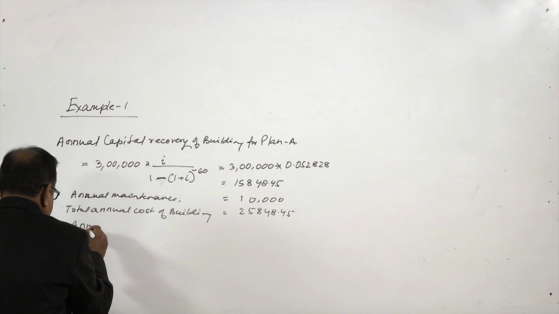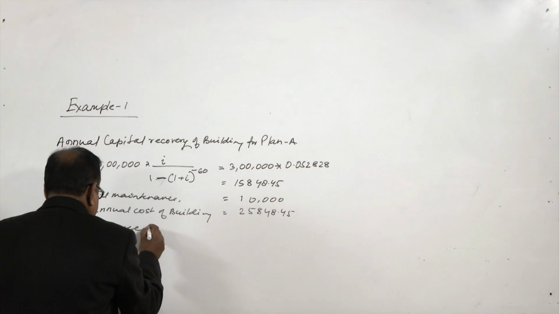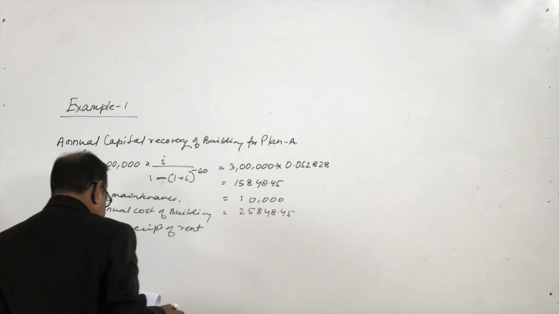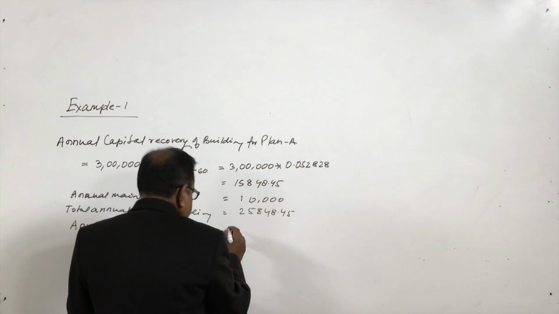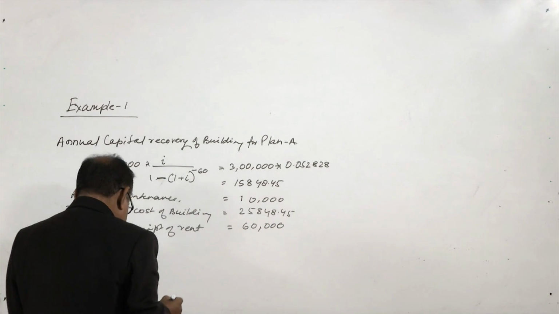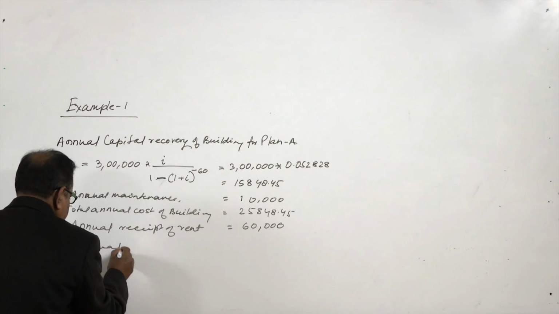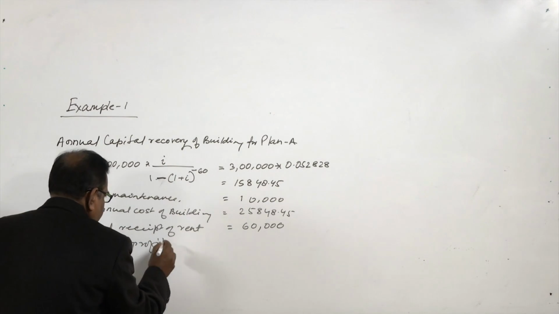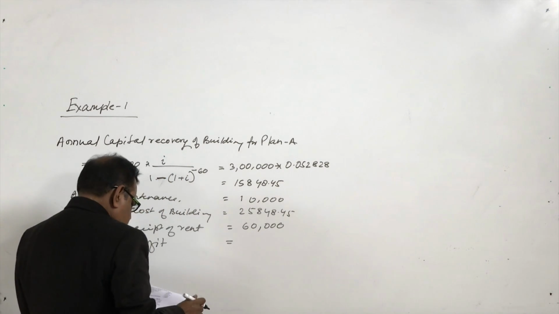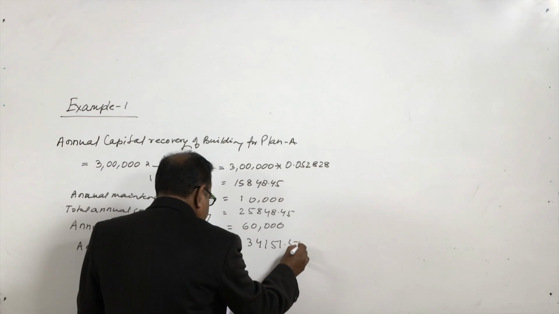Annual receipt of rent is 60,000. So, annual profit is 60,000 minus this value. This comes out to be 34151.55.